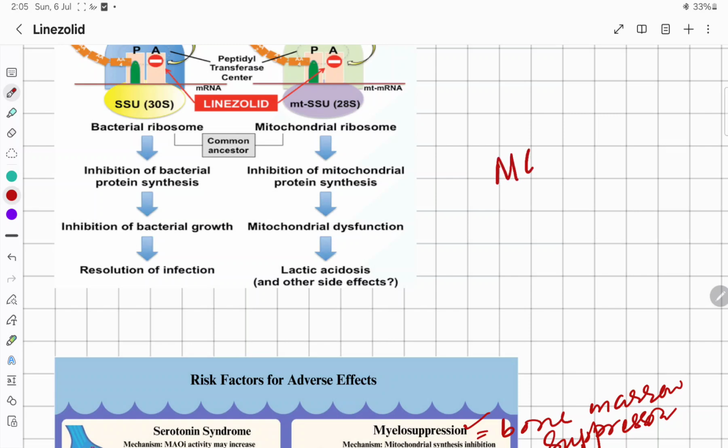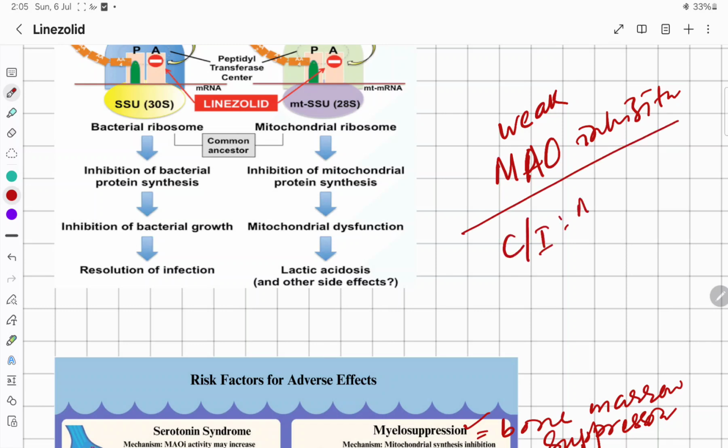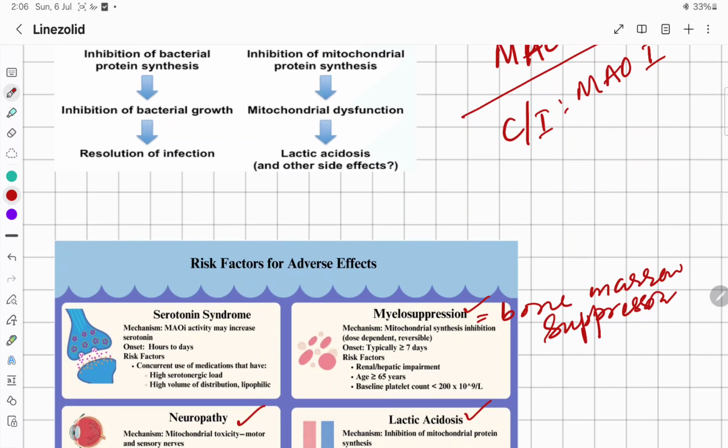In addition, linezolid is also a weak MAO inhibitor, monoamine oxidase inhibitor. So it should be contraindicated with MAO inhibitors, and because of that MAO inhibition, there is an increased level of serotonin, and it shows serotonin syndrome.